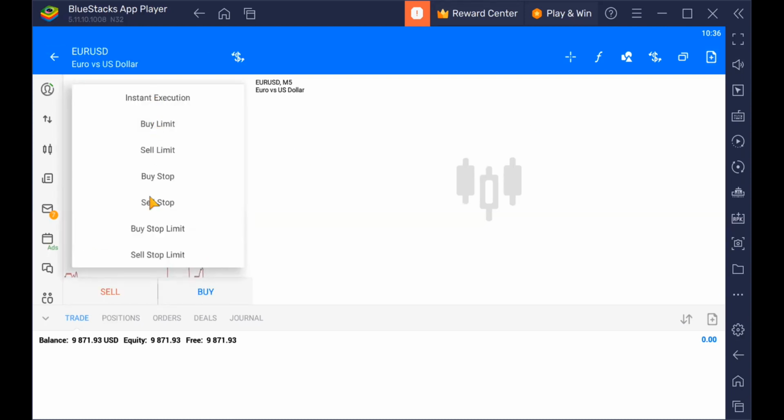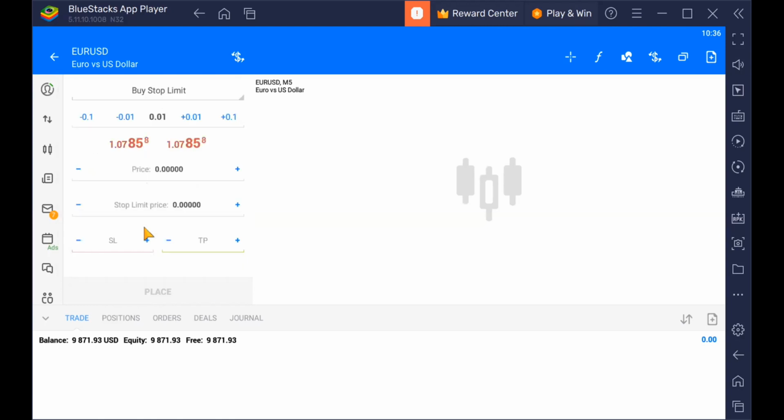Over here, buy stop for example. Now I'll put the stop price here. Let's say I believe this price will rise up to 1.0790, which is higher than this.